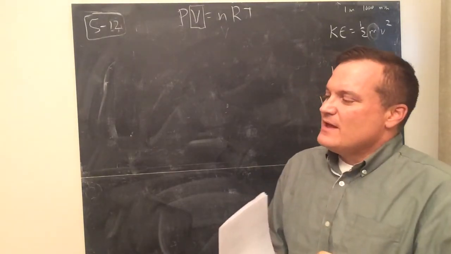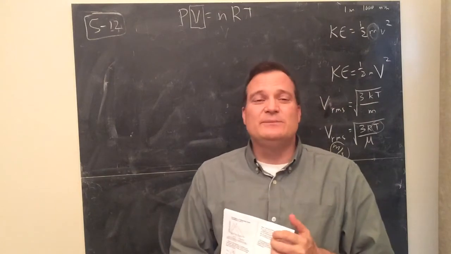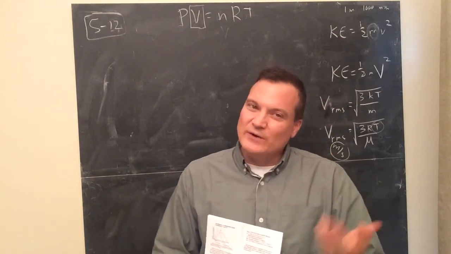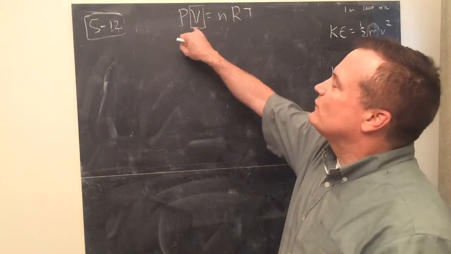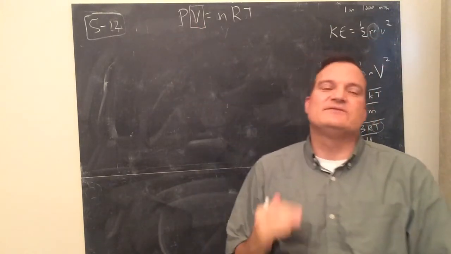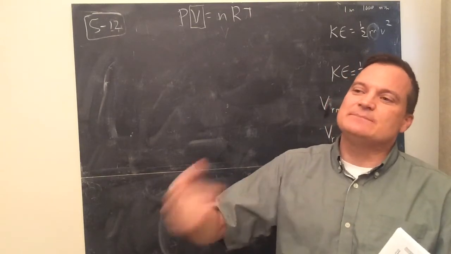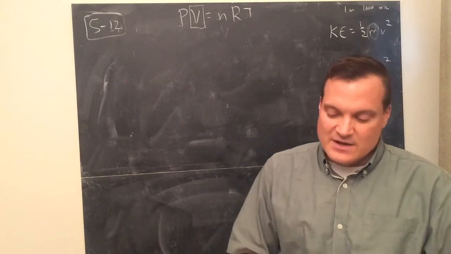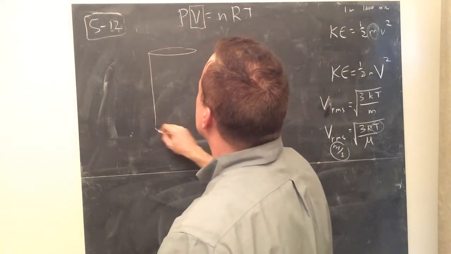But now, gases are different. When we say your container is 22 milliliters of gas, you don't really have 22 milliliters of gas. In PV=nRT, this is not really the volume of the material. It's the volume of the container, the amount of space that molecules have to move around in. So for PV=nRT, let's just say I've got a cylinder here.